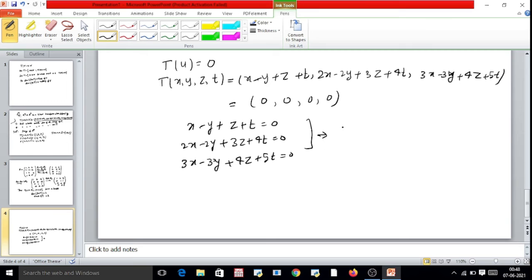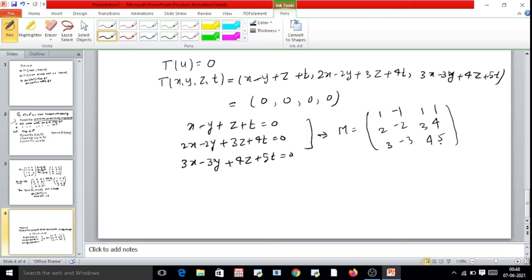From here we find a matrix M, and it is 1 -1 1 1, 2 -2 3 4, 3 -3 4 5.